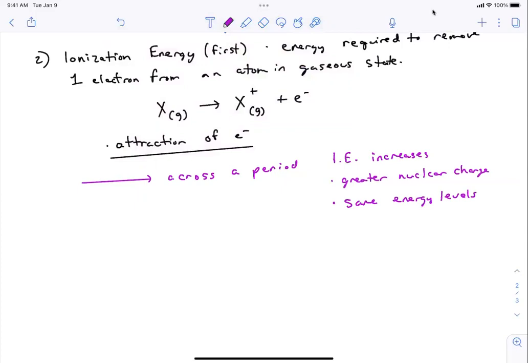A greater nuclear charge means a greater pull on the valence electrons, which means it's harder to remove an electron from that atom. So we're being very repetitive here, and that's why I'm saying don't compartmentalize every periodic trend, because they're all sharing the same concept. Be efficient.